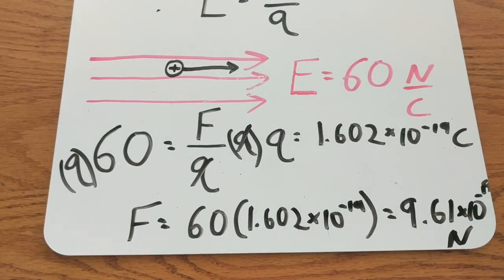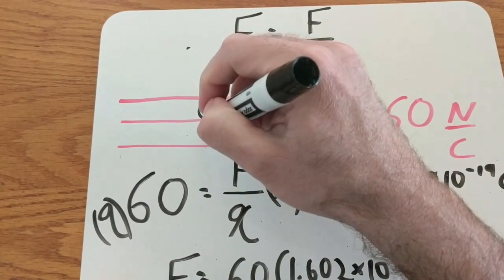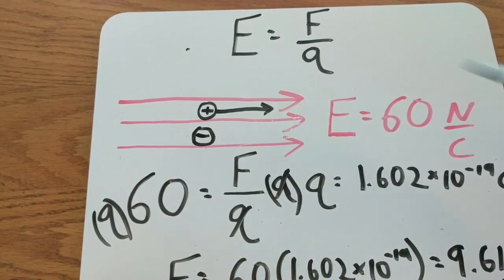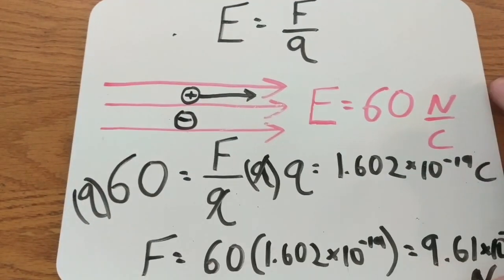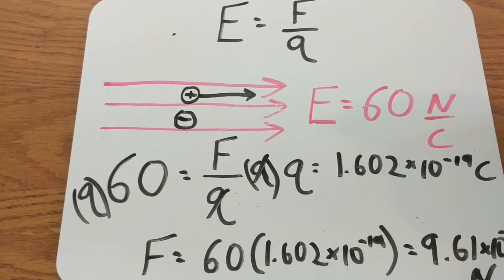Now in part B, they're saying, what if we didn't put a proton there? What if we put an electron? What would happen? Well, it turns out that a proton and electron have the same electric charge magnitude. The charge of an electron is that as well, which is good because of the basic electricity units. Our positive and negative charges started with protons and electrons, so they have the same charge. The only difference is one's considered positive, one's considered negative.